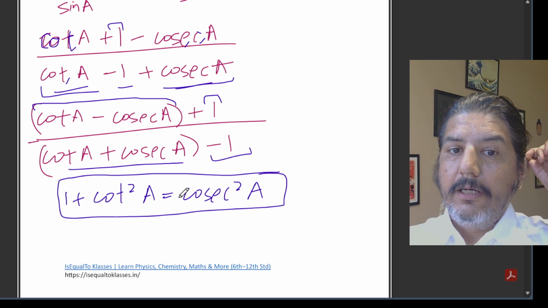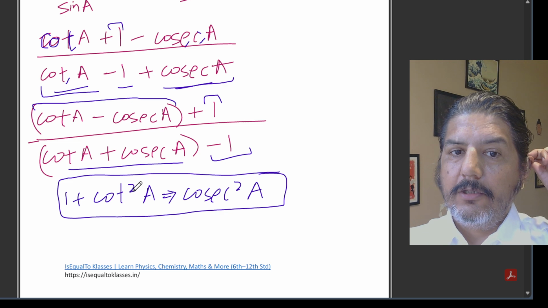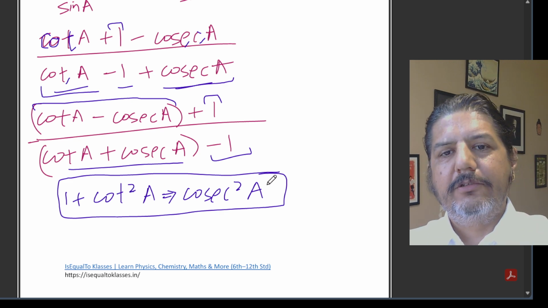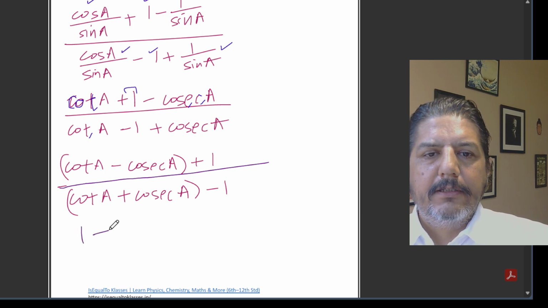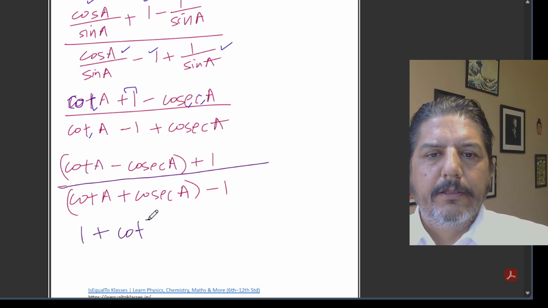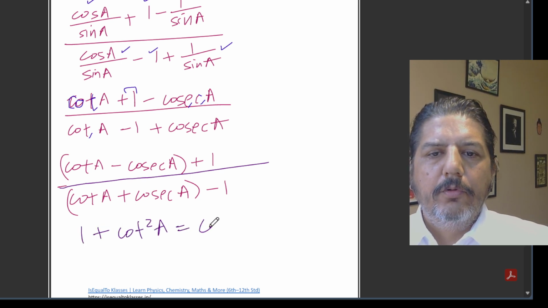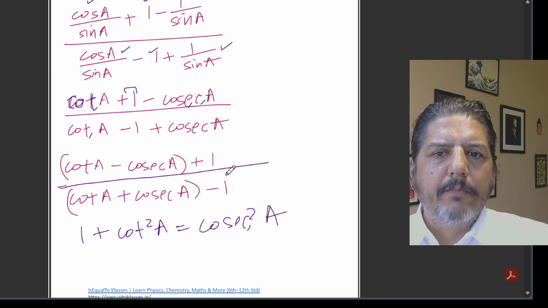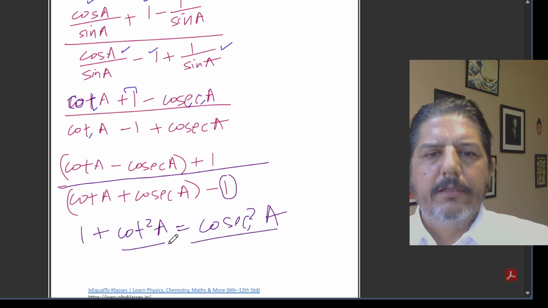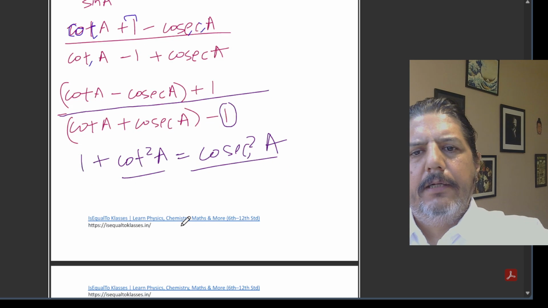Now, I remember that 1 plus cot square A is equal to cosec square A. So the manipulation that I do is I replace this minus 1 by cosec square A minus cot square A. And why do I do that?